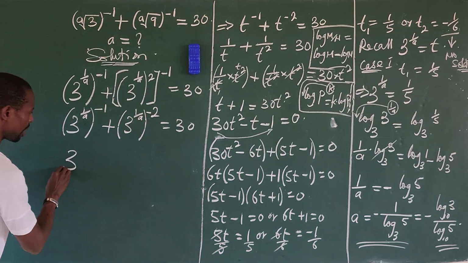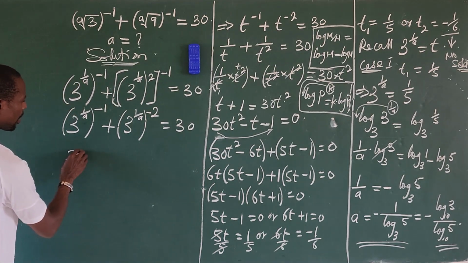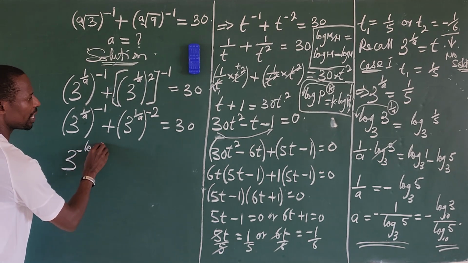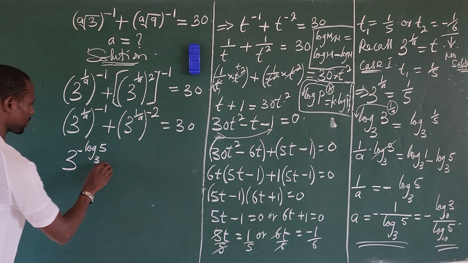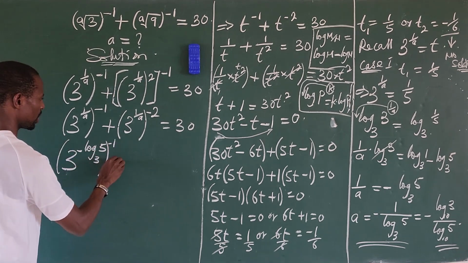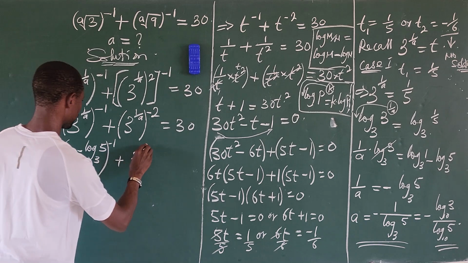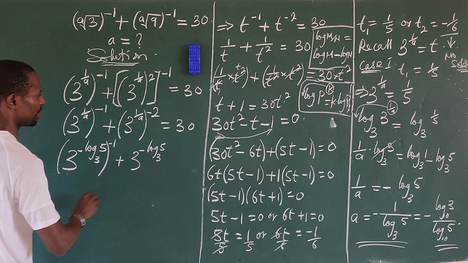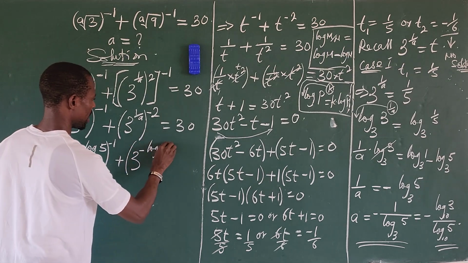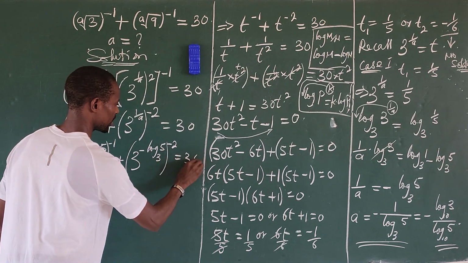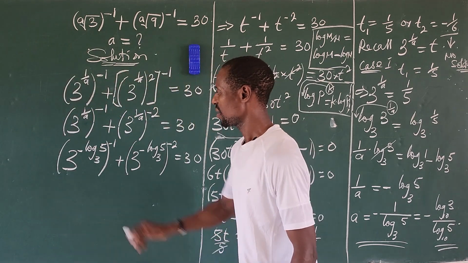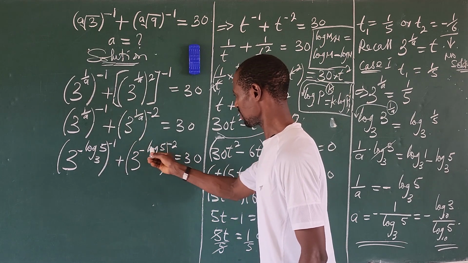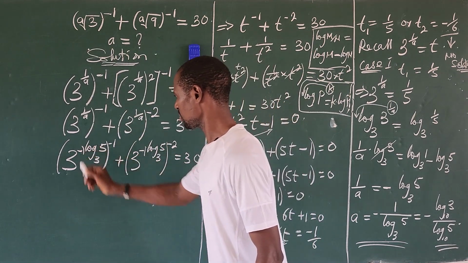So it's going to give us 3 to the power of minus log 5 base 3, all to the power of minus 1, plus 3 to the power of minus log 5 base 3, all to the power of minus 2, equal to 30. Easy. We can bring this minus to this side, and we can only do that because here we have an invisible 1, here we have an invisible 1.